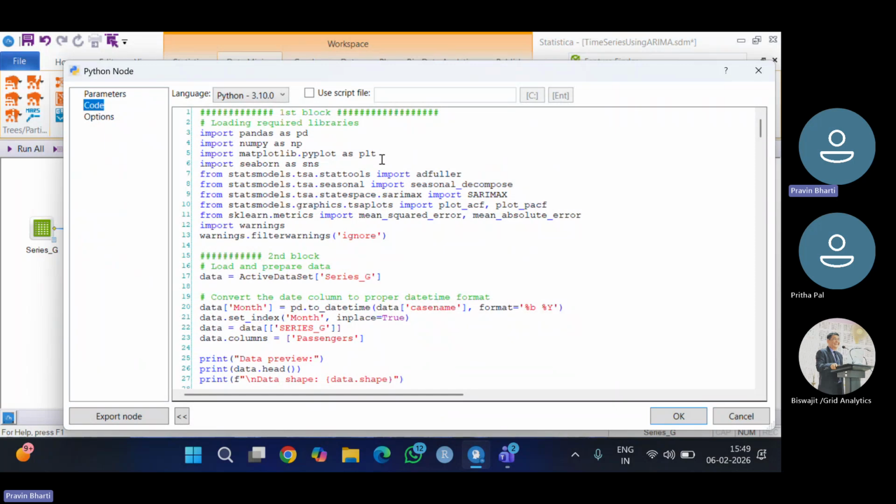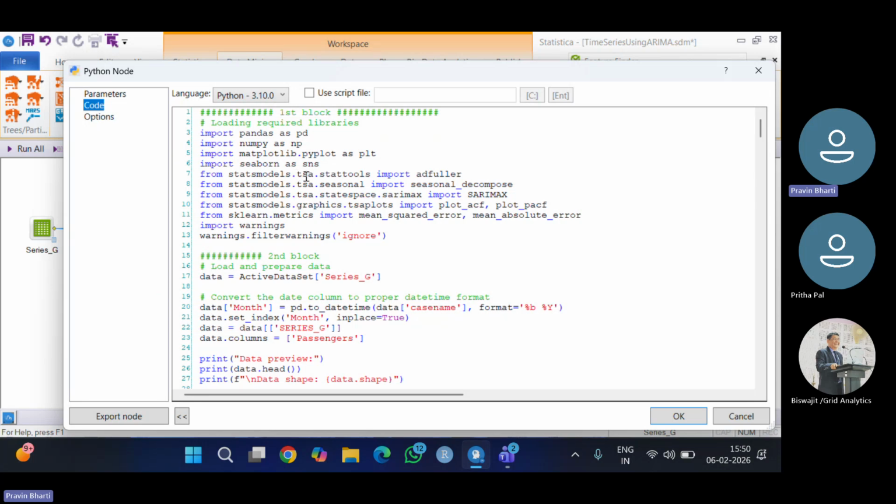So in the first block, I have written the code in different blocks for better understanding. The first block is mainly for the important libraries. I have taken pandas, numpy, matplotlib: pandas for the data handling and numpy for the numerical calculation, and matplotlib and seaborn will be used for the visualization. And these are from the statsmodels library.